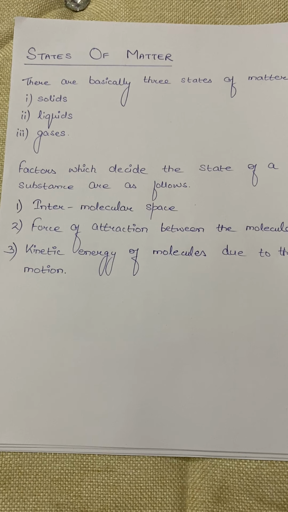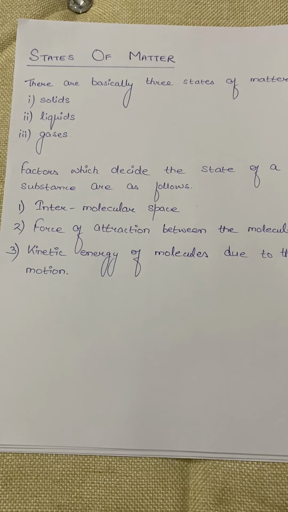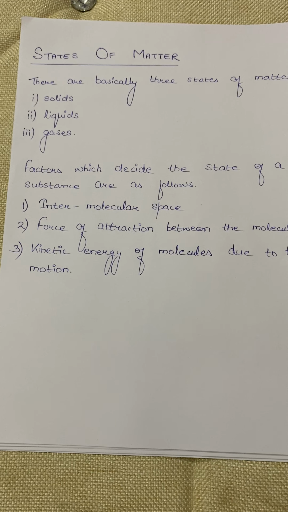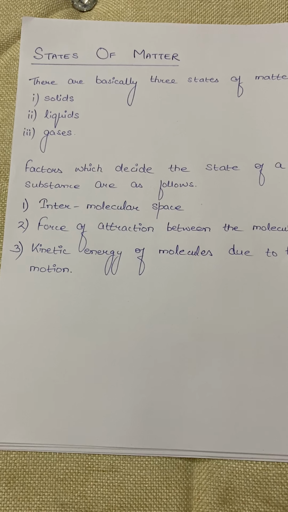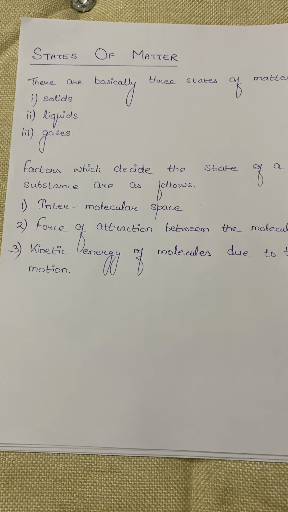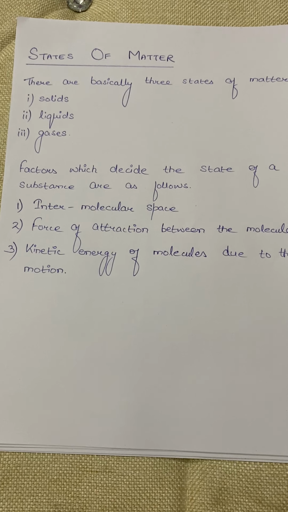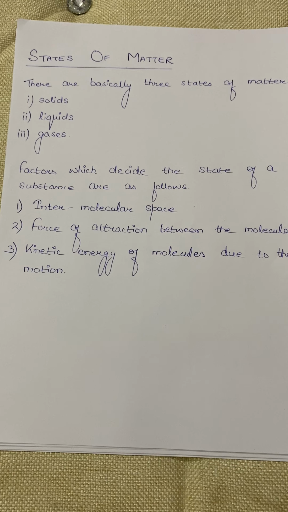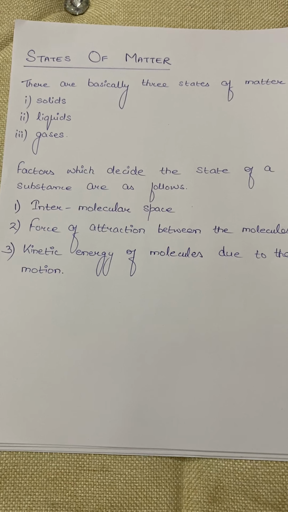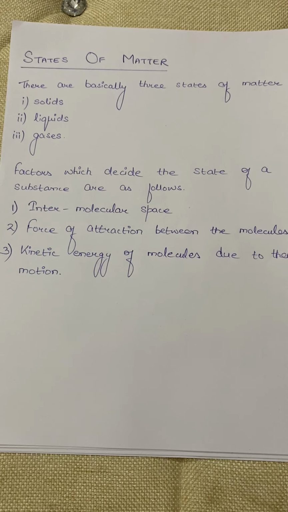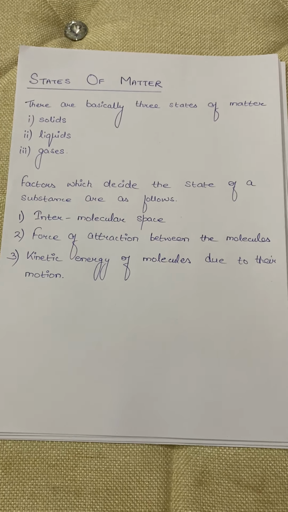In liquids, the intermolecular space is less as compared to that in gases. So when we compare solids, liquids, and gases, we find that the intermolecular space is least in solids, more than solids in liquids, and maximum in gases.